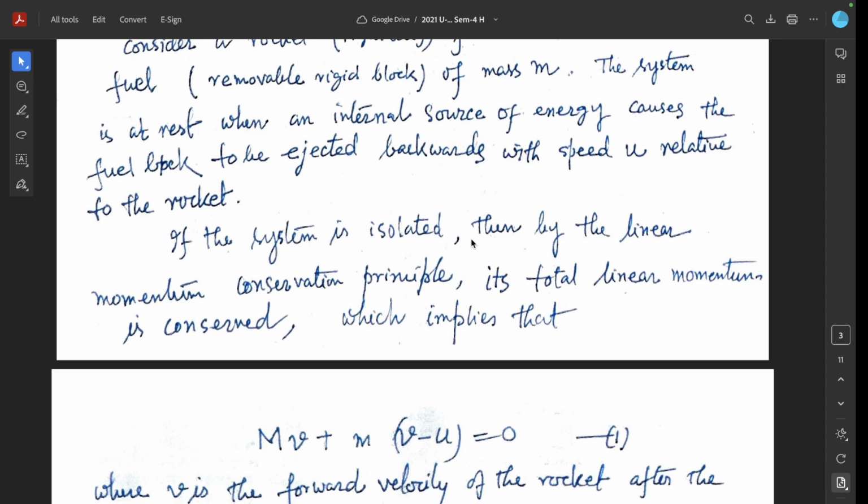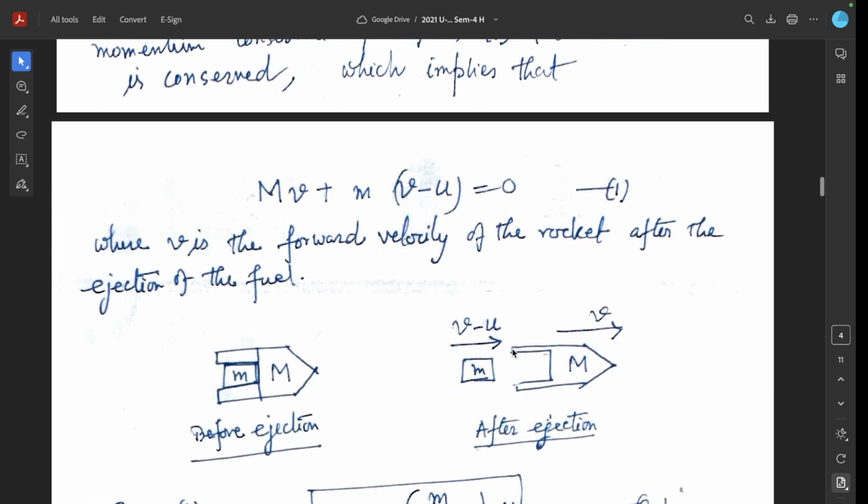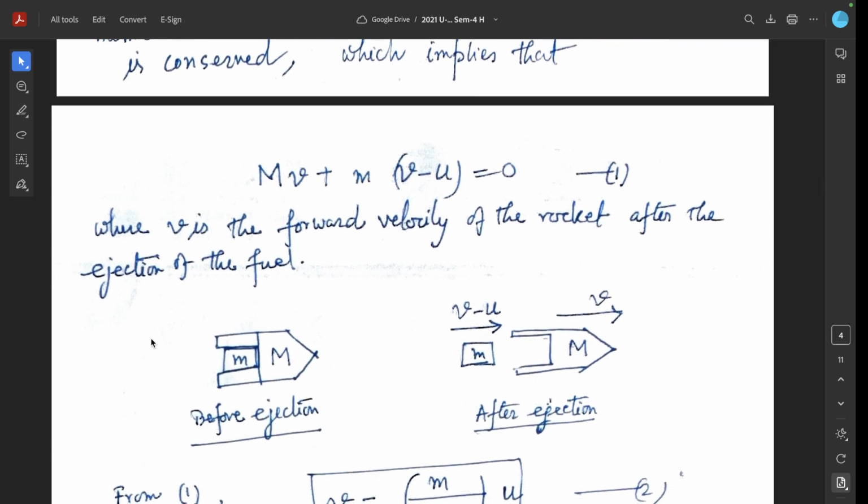If the system is isolated, then by the linear momentum conservation principle, its total linear momentum is conserved, which implies that capital M V plus small m bracket v minus u equals 0. Here v is the forward velocity of the rocket. Initially this is the body of the rocket and engine, and small m is the mass of the fuel.